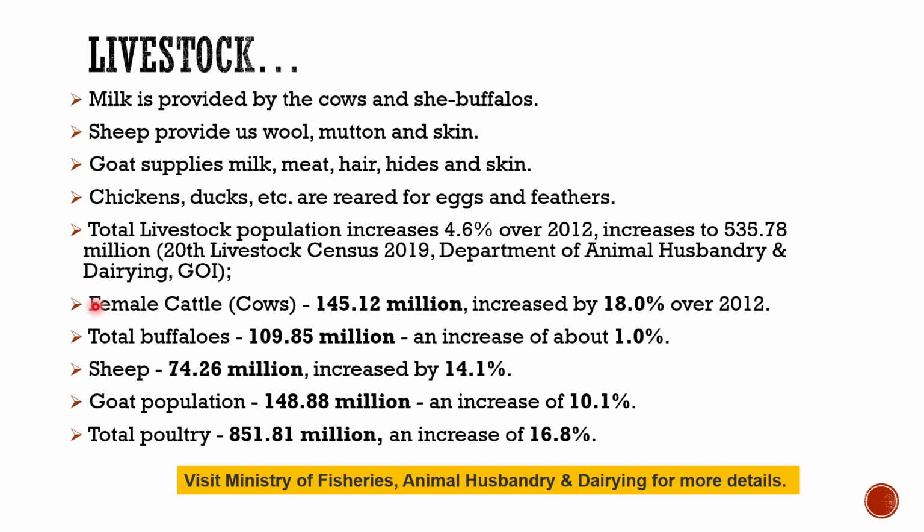Female cattle, as we know, we also call them cows. The population of cows has increased by 18% over the last livestock census. Similarly, the buffalo population has increased by 1%, the sheep population by 14.1%, the goat population by 10%, and the poultry population by 16.8%.